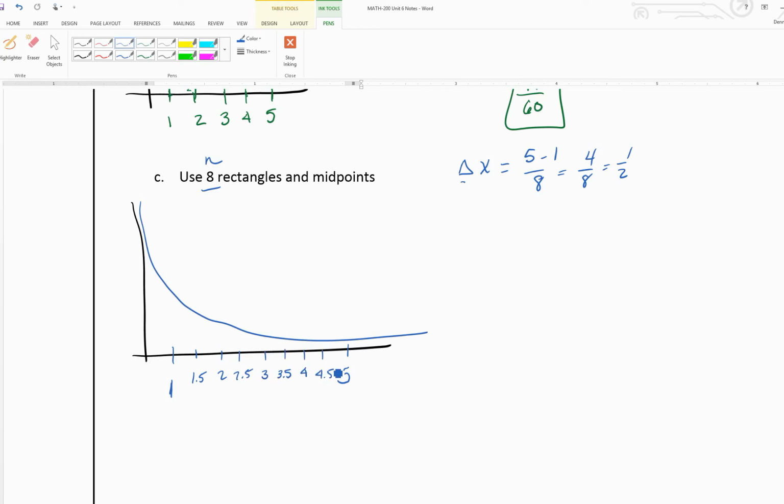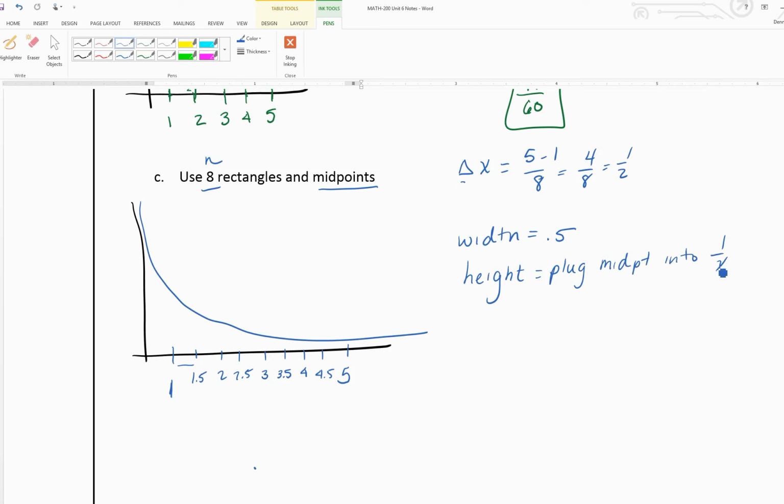Now for each of these bases, we now want to use the midpoint to go up and find our height. So on all of these, our width is now 0.5, because that's how wide the rectangle is going to be. To get the height from each of them, we're going to plug the midpoint into 1 over x.